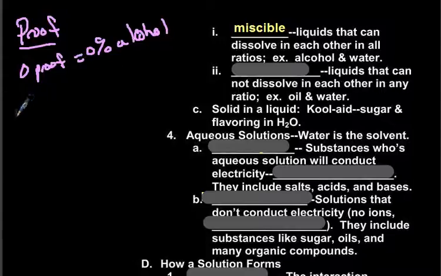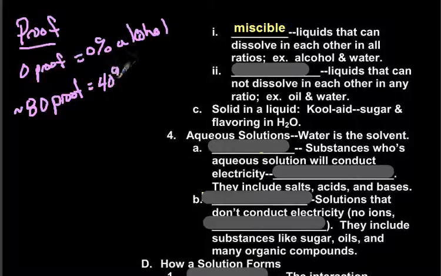Most hard liquors are about 80 proof. Let's write this correctly, Mr. Allen. 80 proof. And that is about 40% alcohol. Okay?